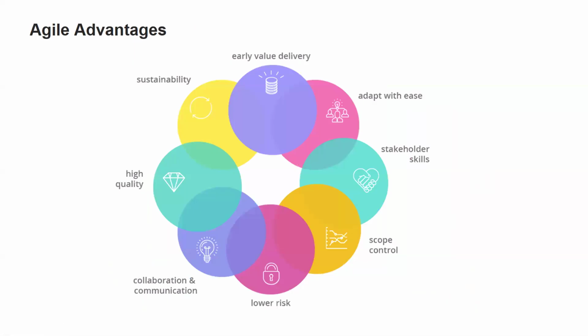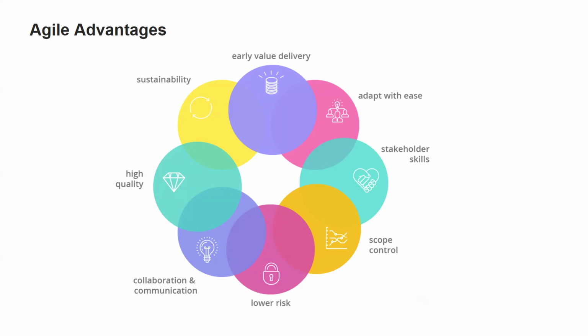The advantages of Agile methods are early value delivery. Every 2 weeks we will be sharing something relevant to the market, and it adapts with ease. Whenever new changes come up, it's easy for the team to adapt, and the client will accept those as well.